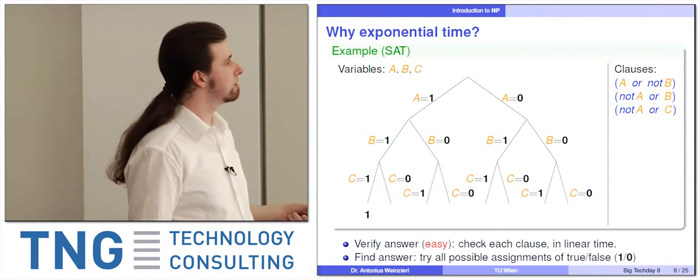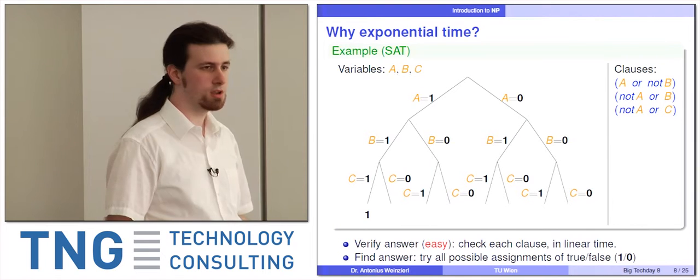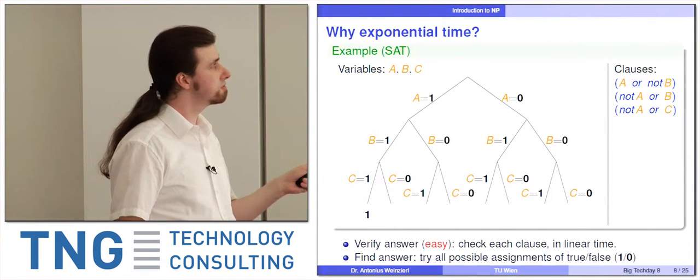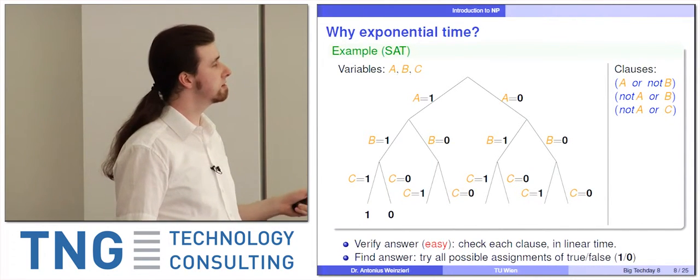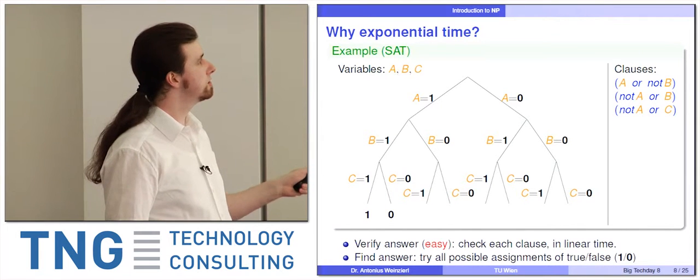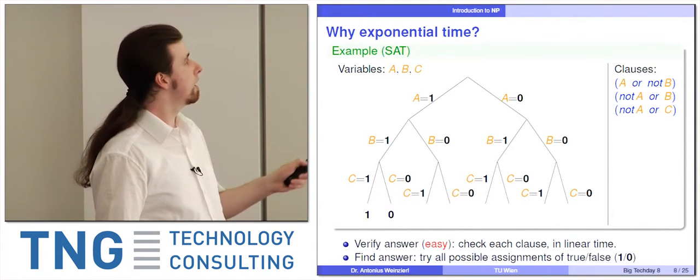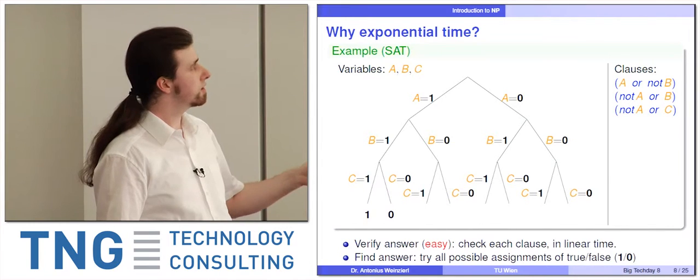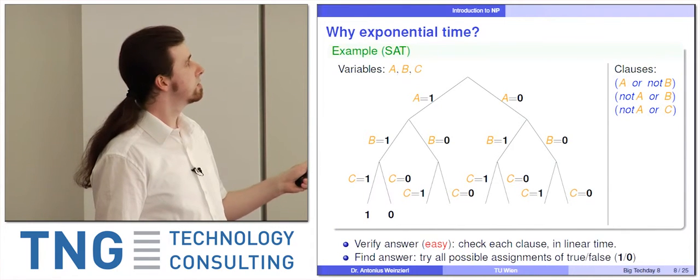But to find an answer, we don't know if there is a one, or, as in this case, this assignment evaluates to 0. So it's not satisfying those clauses. Why?